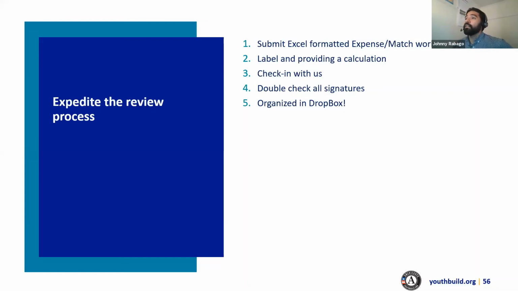And check in with us if you're charging something to the grant that you think is not allowable. It would expedite the process, and you wouldn't have to do the work again. And organize it in Dropbox by grant year and month. It's something that's easy to miss, but it saves you a lot of work.